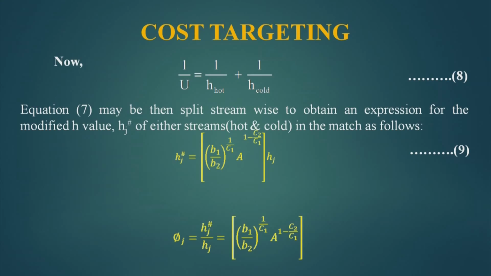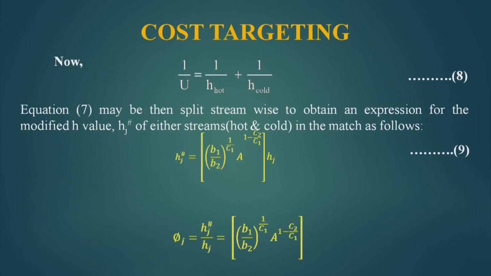So, now my aim is to convert or relate this U with the individual heat transfer coefficients of the streams. Now, we know that 1 by U is equal to 1 by h hot plus 1 by h cold, that is, 1 by the heat transfer coefficient of the hot stream plus 1 by the heat transfer coefficient of the cold stream.